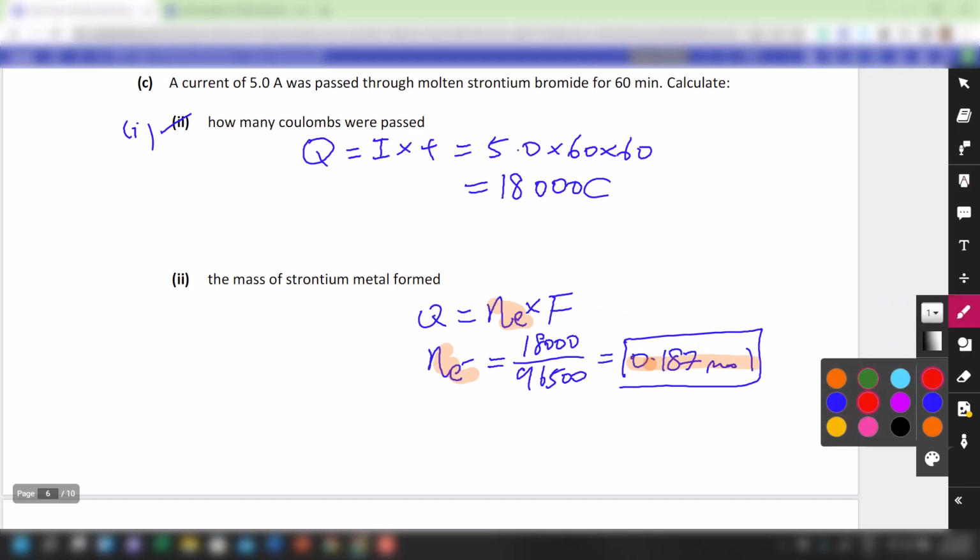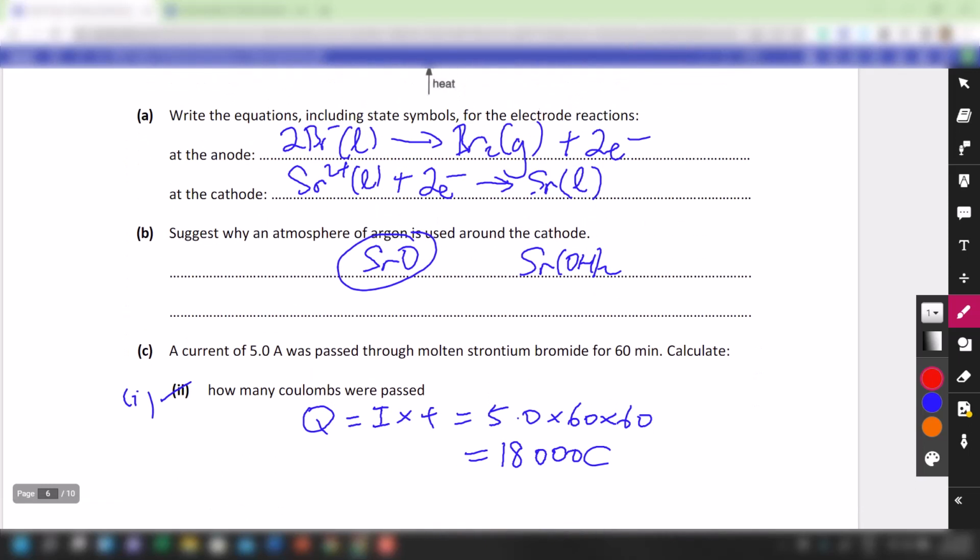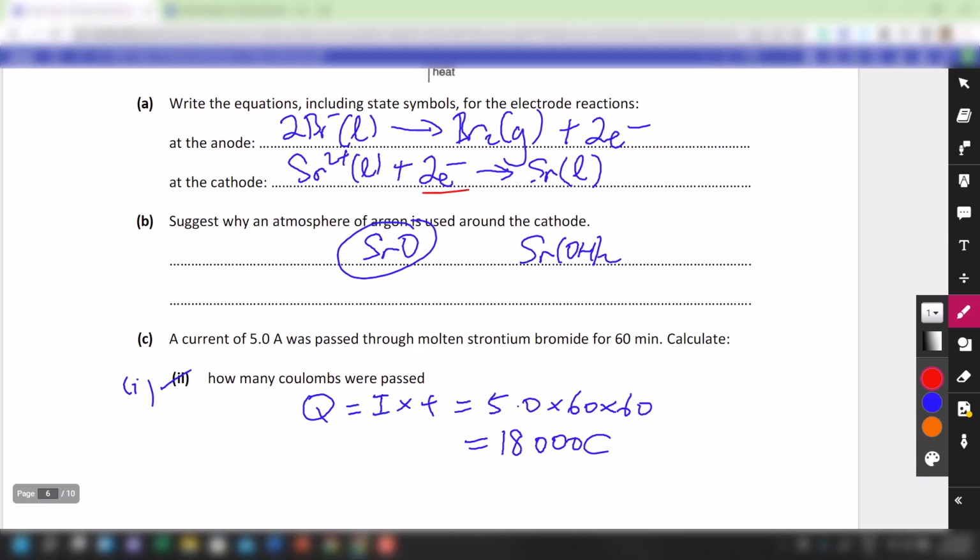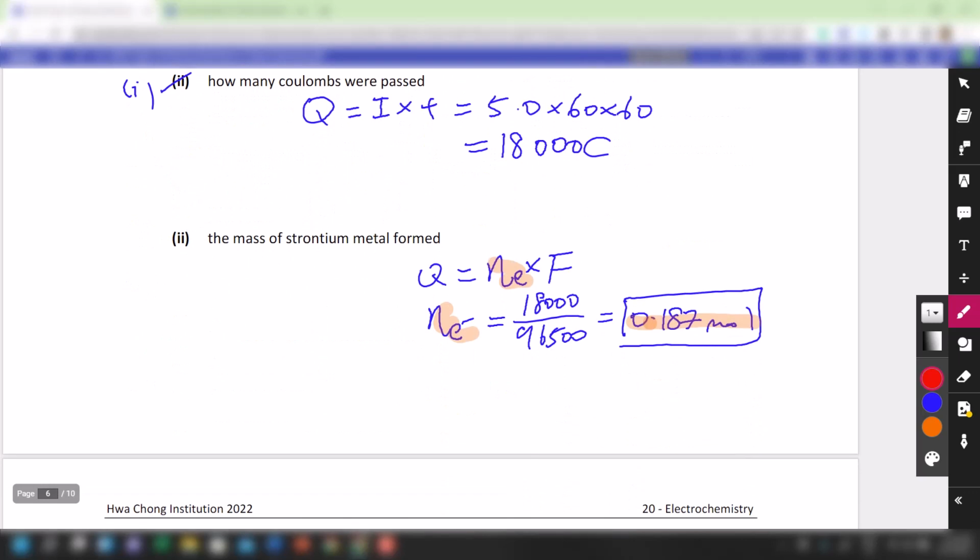From here, we cannot straight away calculate the mass of strontium metal formed, because earlier on we know that the stoichiometric ratio between strontium metal and electrons is 2:1. So in order to calculate the number of moles of strontium metal, we need to divide this value by 2. Therefore from here we can calculate the mass of strontium produced.